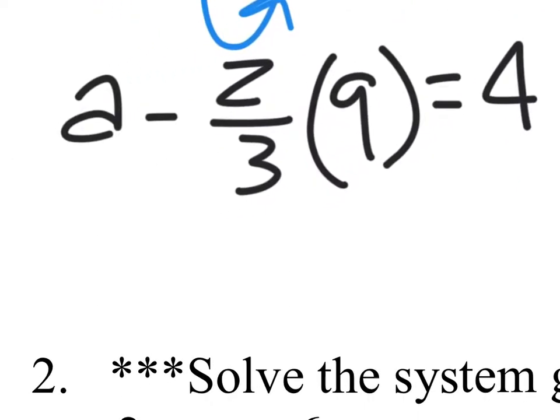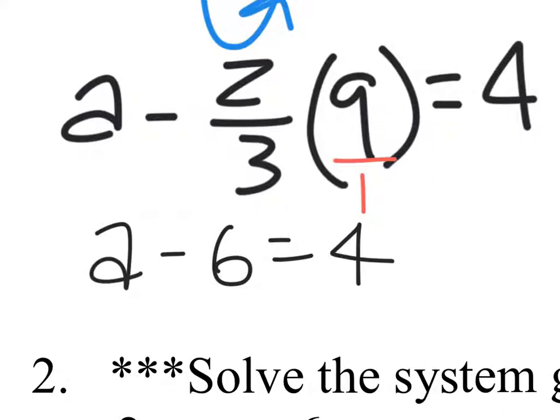So how can we simplify this? Well, what it's going to simplify to is a, and then we're going to multiply 2 times 9, because this is basically the same as 9 over 1, right? And so 2 times 9 is going to be 18. 3 times 1 is going to be 3, so it's 18 divided by 3. 18 divided by 3 is 6. So a minus 6 equals 4, right?